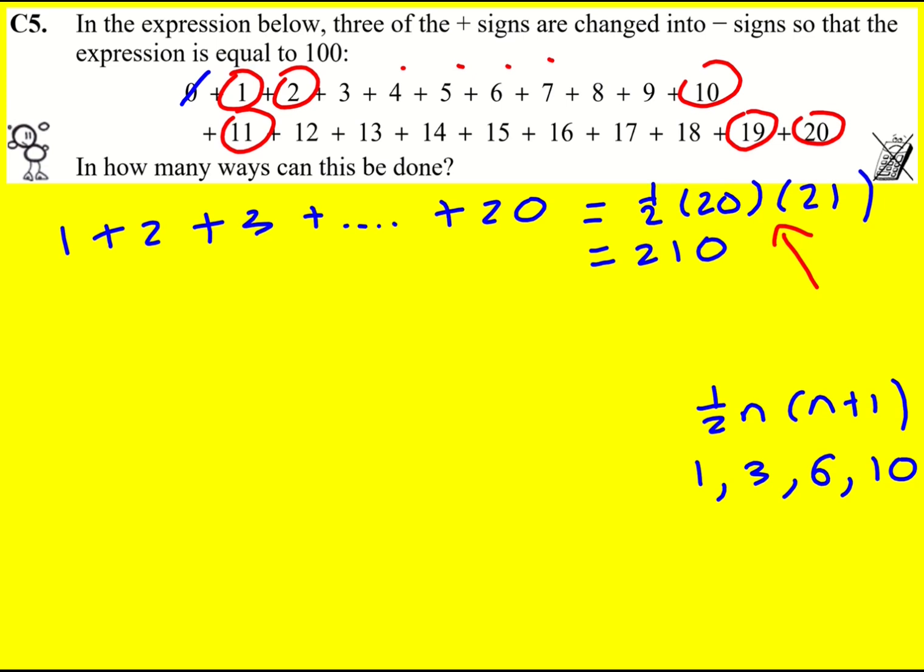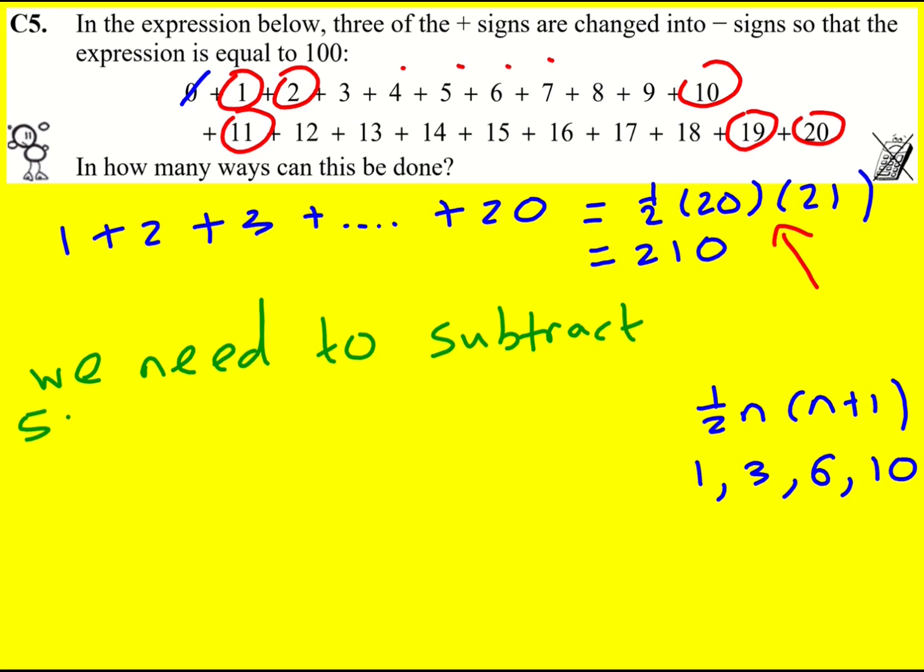Now we need to change some of the signs around to get 100. So actually what we need to do is subtract 110. We don't want to subtract 110 actually, we just want to subtract half of it, 55. Because if we subtract 55, then we won't be adding 55 and we'll be minusing 55.